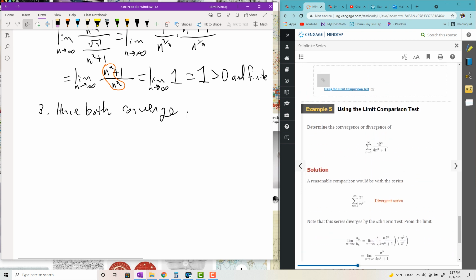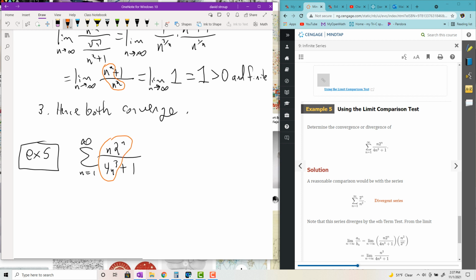Let's look at this example 5. We have the series from n equals 1 to infinity of n times 2 to the n all over 4n cubed plus 1. So again, figure out what you're comparing to. I'm going to just look at that part, chop off the plus 1 part.